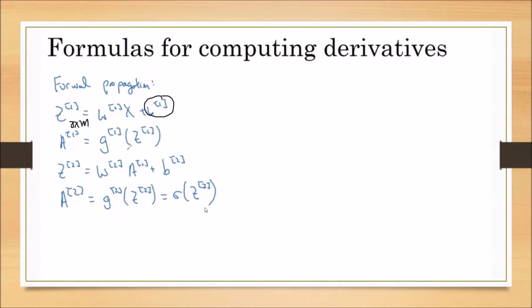Now we calculate the sigmoid function, or the tanh function, or ReLU, the rectified linear unit function. We want to apply it to each and every element of this Z. So this G may be either sigmoid, or tanh, or rectified linear unit, or leaky rectified linear unit.